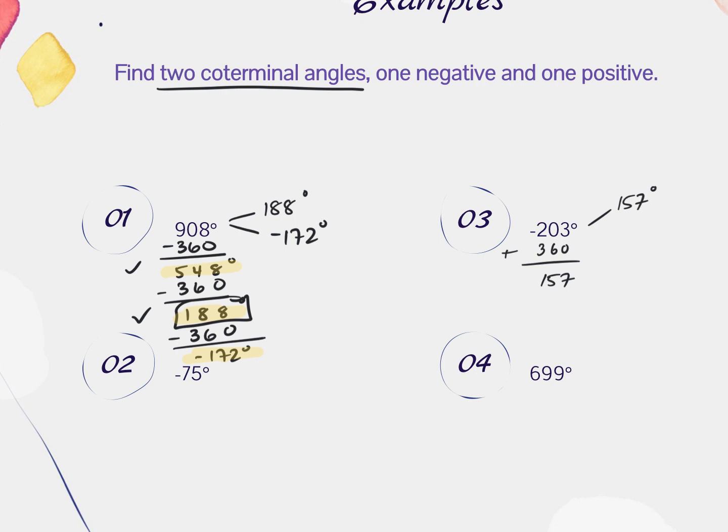Now, I'm already at negative 203, so I'm going to have to subtract 360 to get a second negative one, okay? So negative 563 degrees is going to be another coterminal to this one. So again, we can't always get it in that range we'd like, but they're still correct answers, okay?